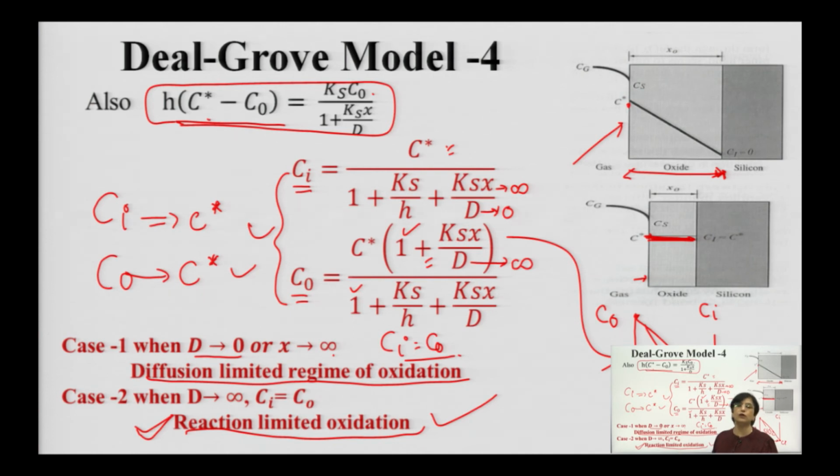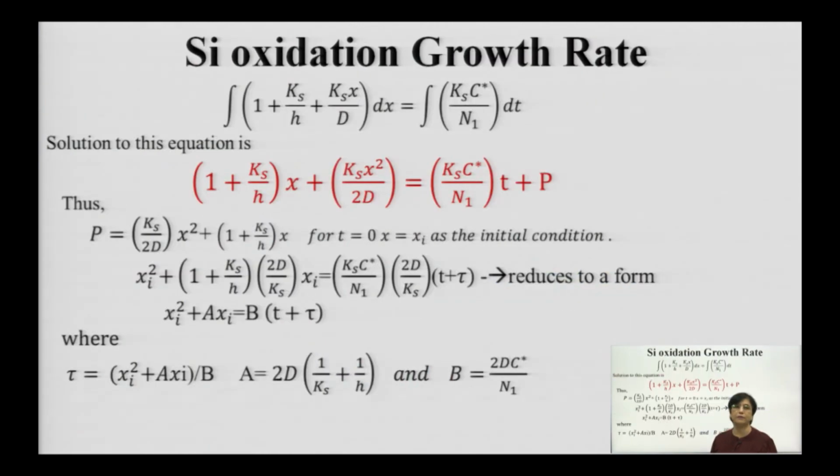Whereas when diffusion is high, the thin oxide film is growing, and for thinner films the concentration will be the same. For thicker films, the concentration will reduce inside, and this is the bottleneck in the growth process of the oxide.